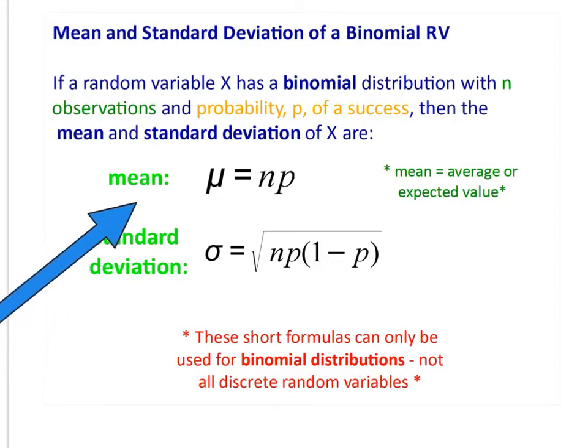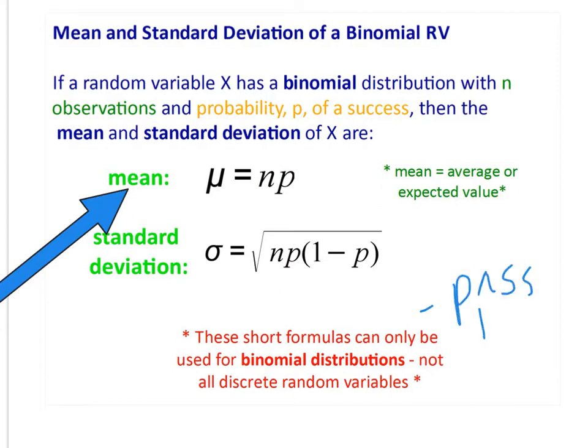The mean of a binomial random variable is the number of trials times the probability of a success, or the average or expected value. The standard deviation is the square root of the number of trials times the probability of a success times the probability of a failure. These formulas can only be used for binomial distributions. It has to pass the BINS test, not all discrete random variables.